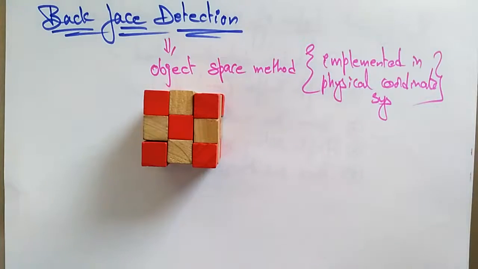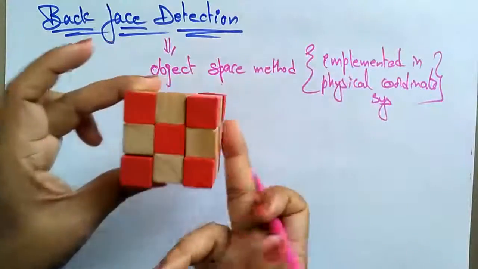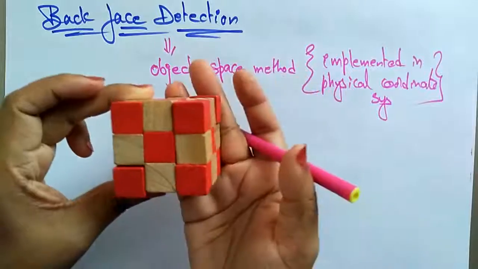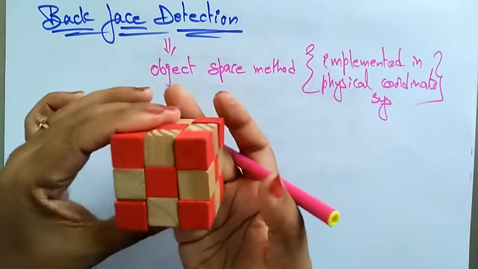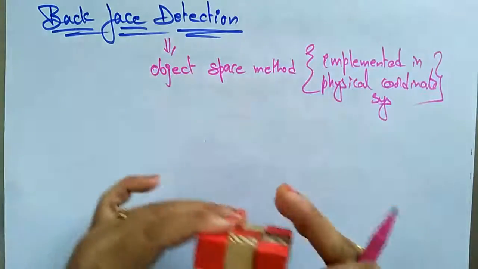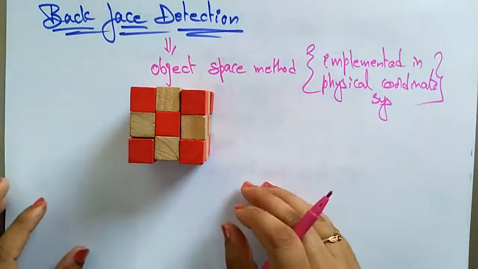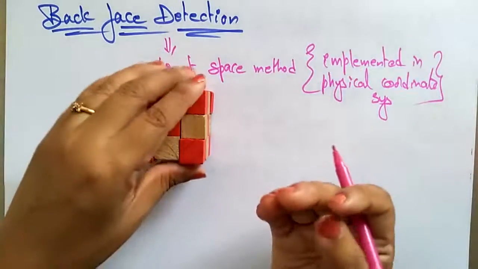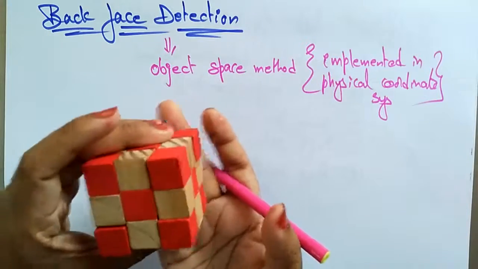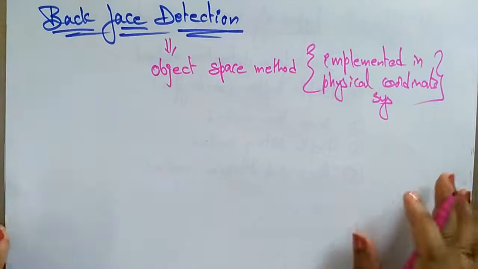Since we cannot see these surfaces, to save the processing time, we can remove them before the clipping process with a simple test. So that is back face detection. Now let's see what the test is.